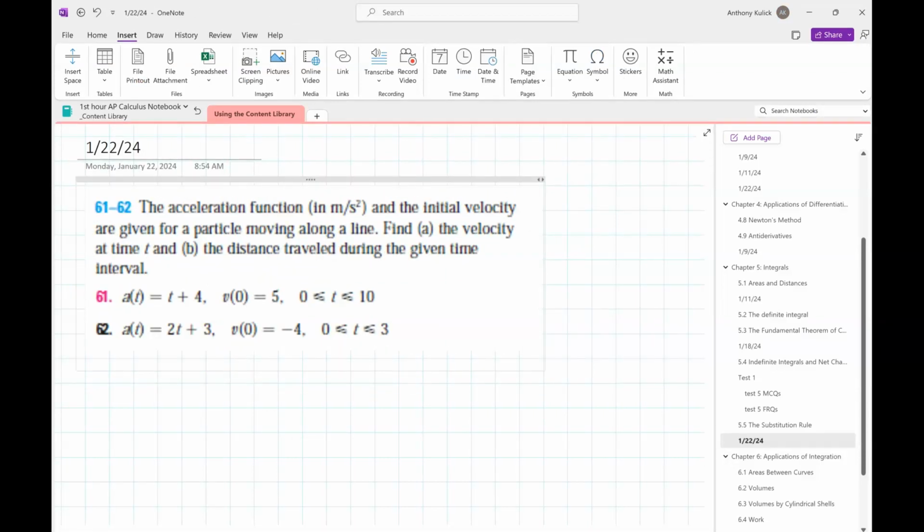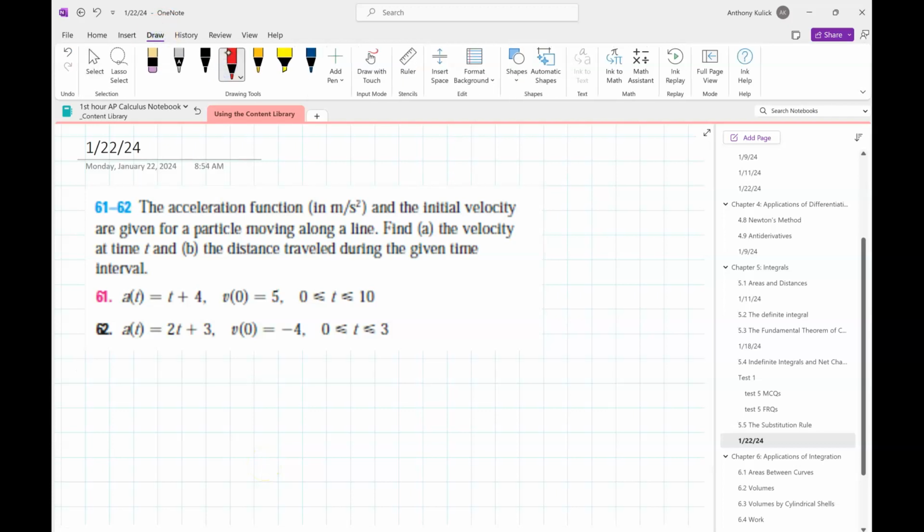All right. So it says the acceleration and initial velocity for a particle moving along a line are given. In part A, it asks to find the velocity at time t and then the distance traveled in that same given interval. So I know that v of t is going to be the integral of a of t dt. So that's going to be t squared over 2 plus 4t plus c.